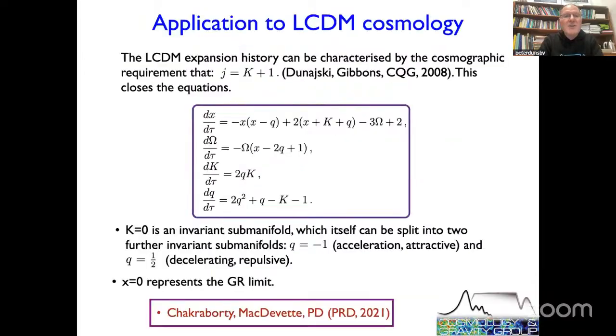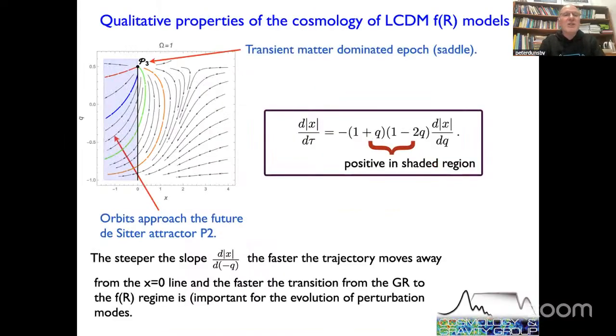So that divides your phase portrait into two regions, one which is viable and one which is unphysical. So the purple region is the viable region, and the region on the right-hand side is the unphysical, unviable region.